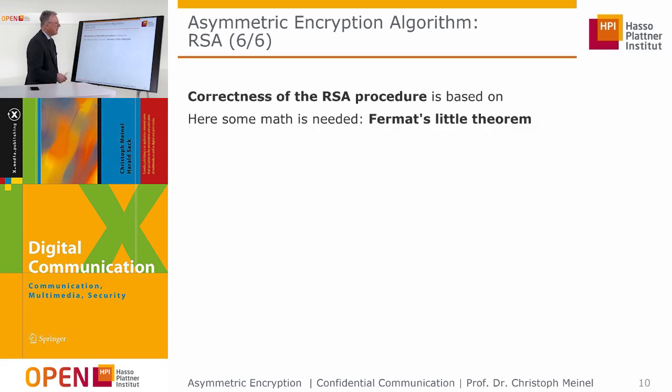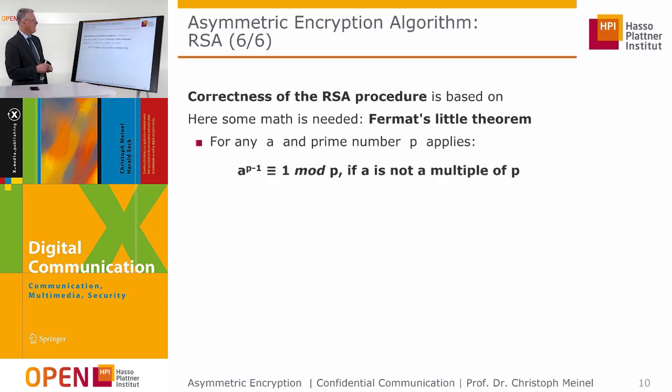A few remarks that this mathematical computation is really correct. This is based on a mathematical theorem, the so-called Fermat's little theorem. We are here in the area of number theory.